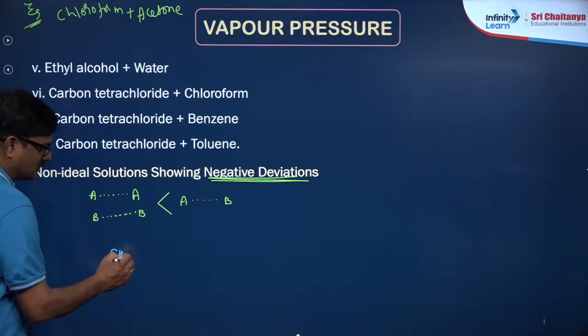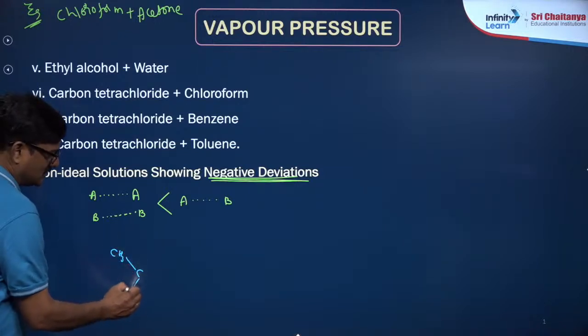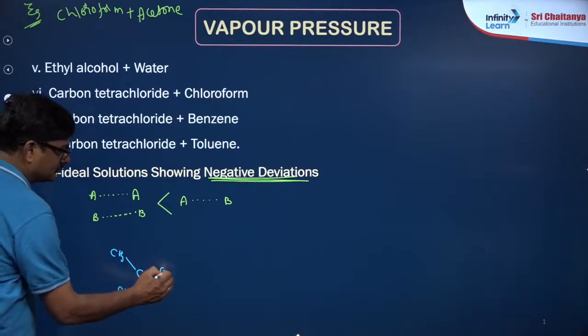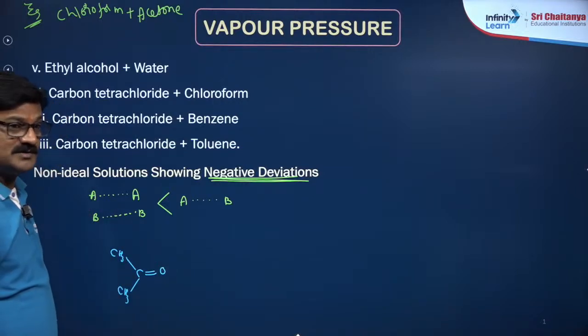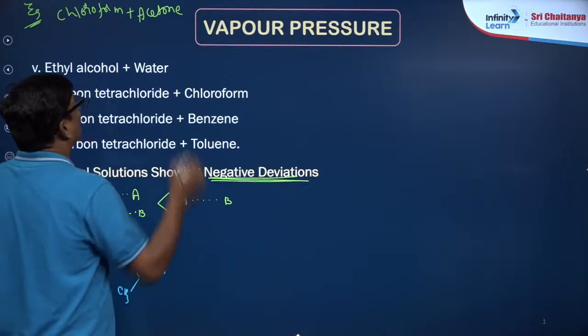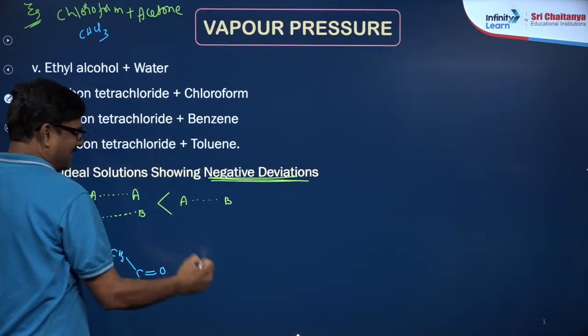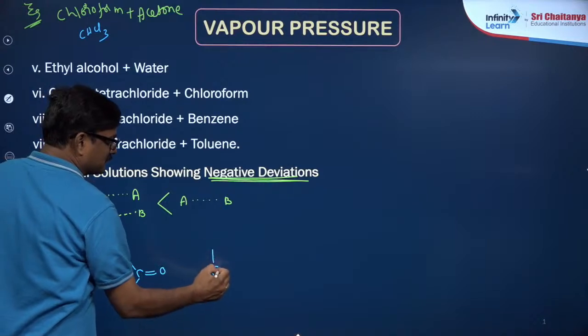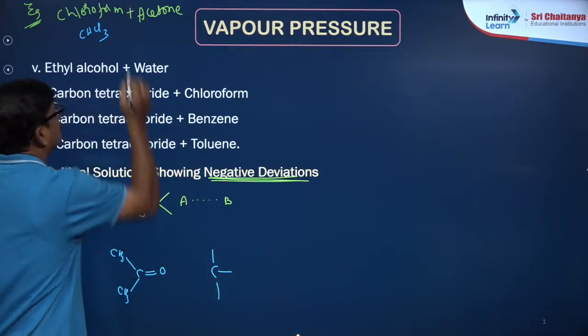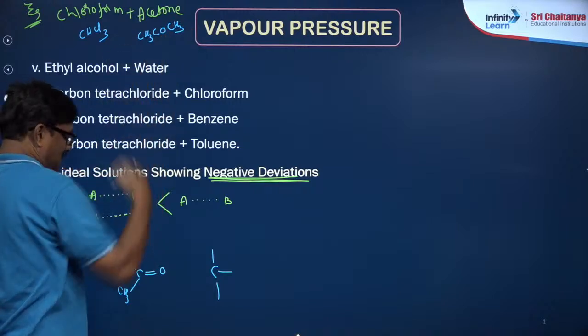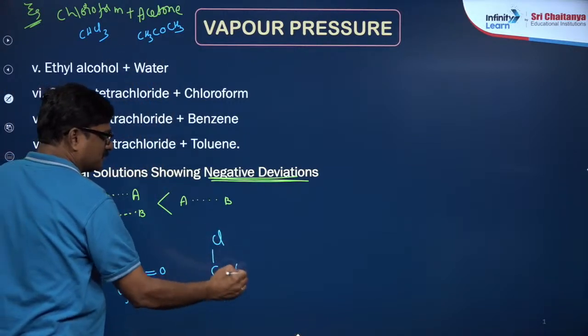Acetone, CH3, CH3. Chloroform is CHCl3, right? This is acetone, and this is chloroform.